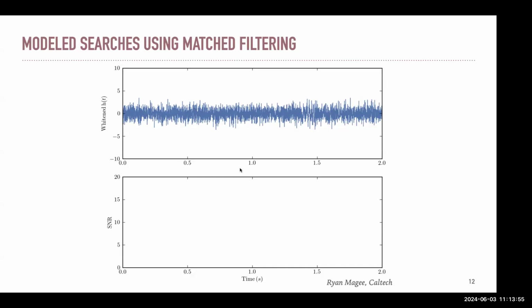But what you do is you take a waveform template and you slide it over the data and you compute a noise weighted inner product and you find where it spikes. And that's where you had a gravitational wave signal. And if that's the template that matches your data best, then you have some idea that the parameters of the black holes that produced that template are likely the parameters of the black holes that produced the data that you observed.